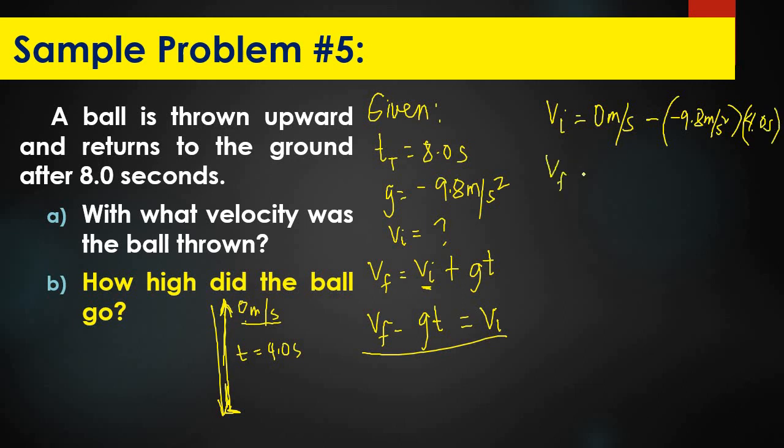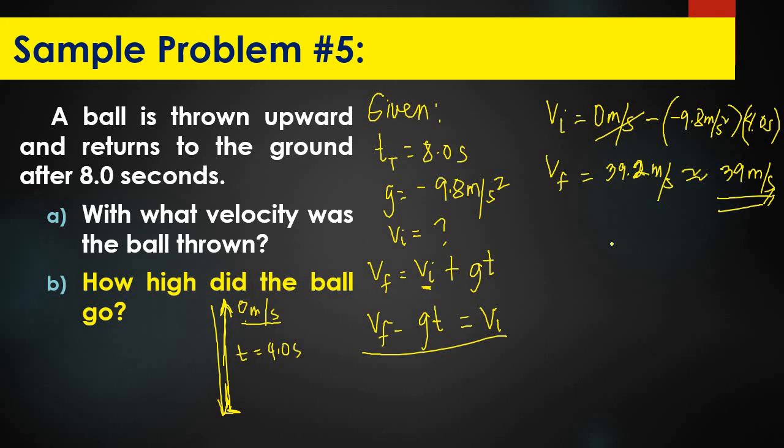So VI is equal to, ayan, negative times negative, positive, 9.8 times 4, 39.2. Counter check. 39.2 meters per second. We have 39 meters per second. Hindi 40 kasi 2 ito. Ayan. 39 meters per second.